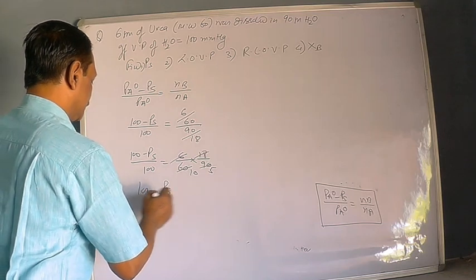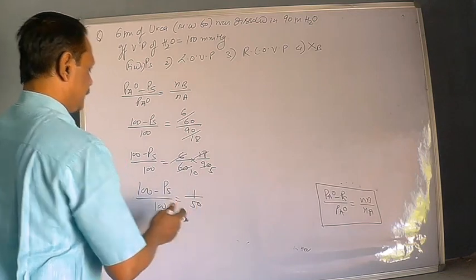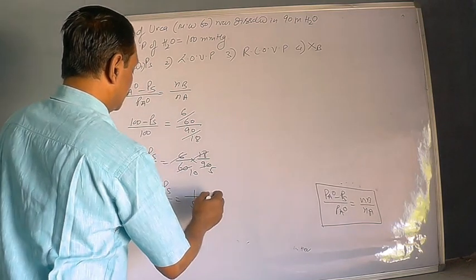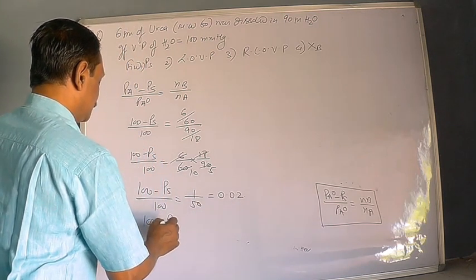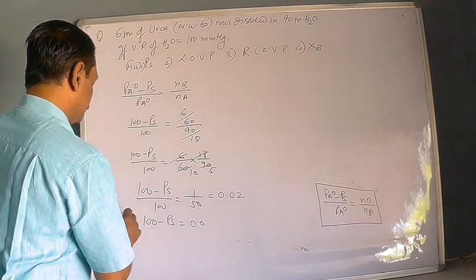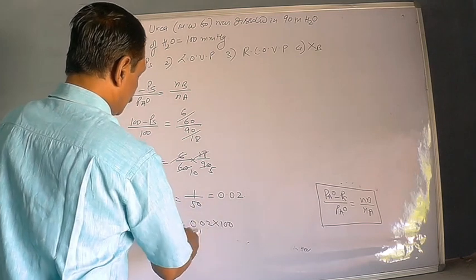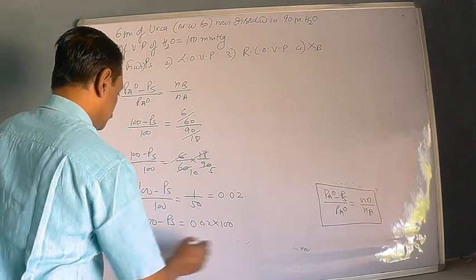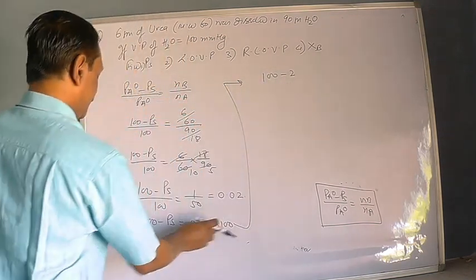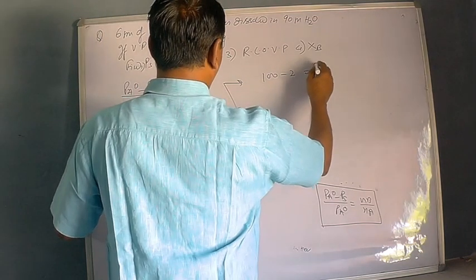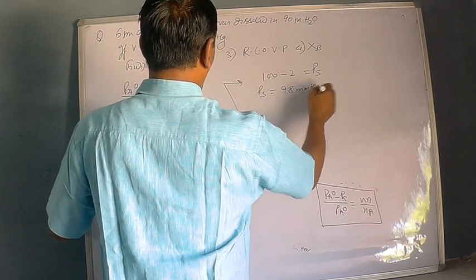So 100 minus PS upon 100 equals 1 by 50. 1 by 5 is 0.2, so 1 by 50 will be 0.02. So 100 minus PS equals 0.02 multiplied by 100. If you multiply it, you get the value 2 here. So 100 minus 2 equals PS.